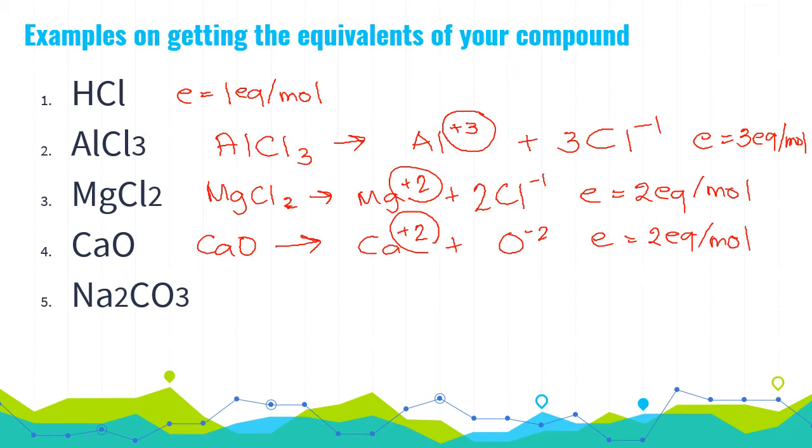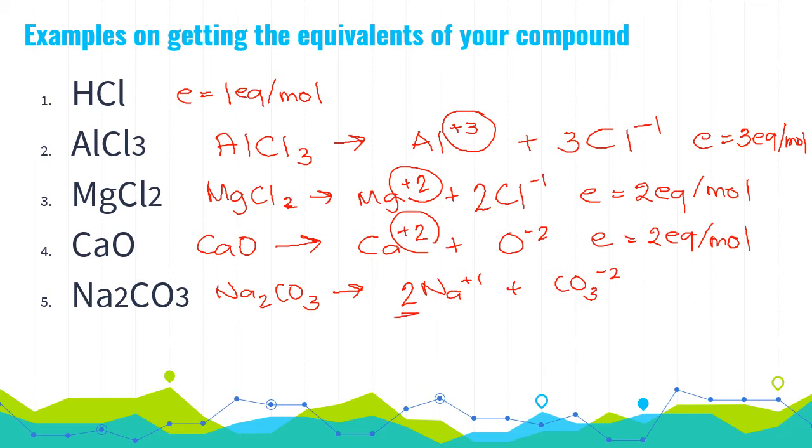Now we have your sodium carbonate or Na2CO3. This will dissociate to your sodium ion, positive 1, plus your carbonate, which is negative 2. Once we balance out the reaction, we will have a coefficient of 2 before your sodium. So we have a question here.